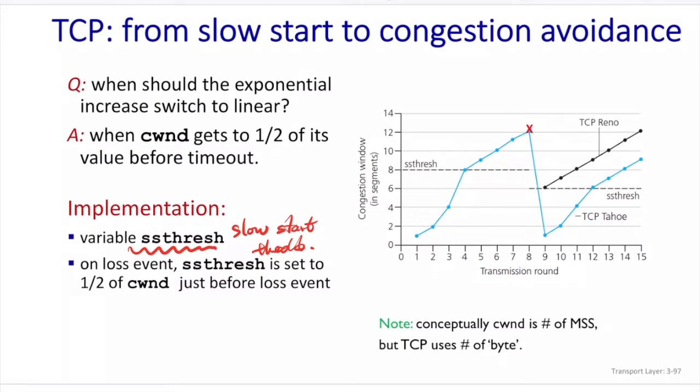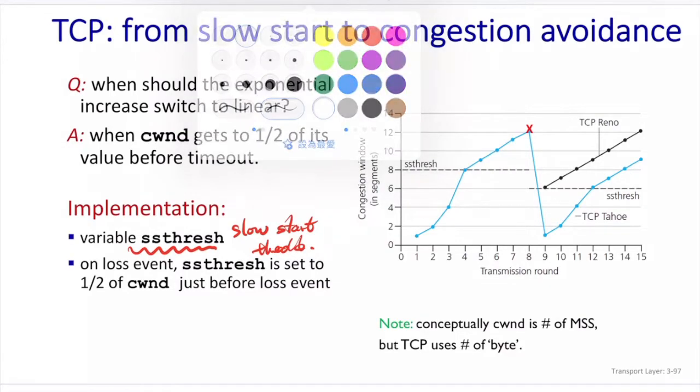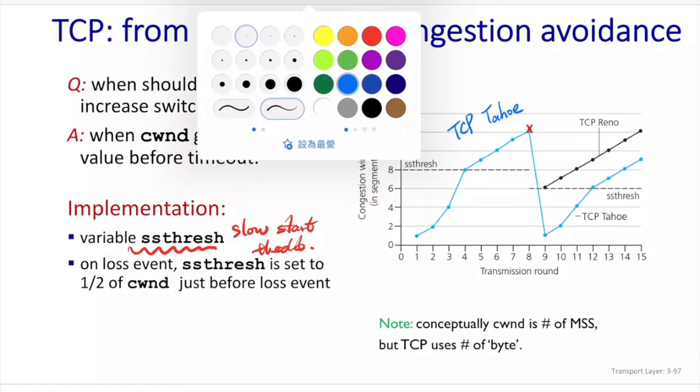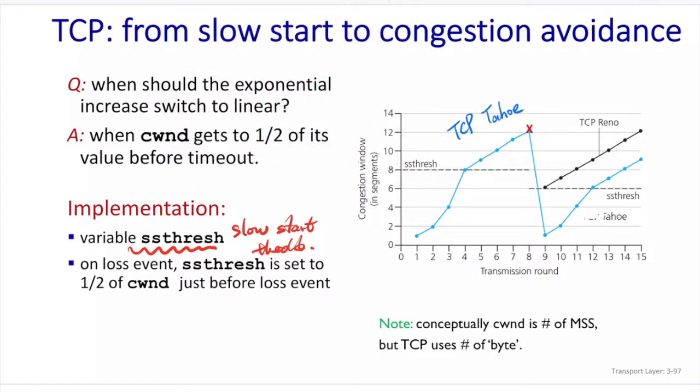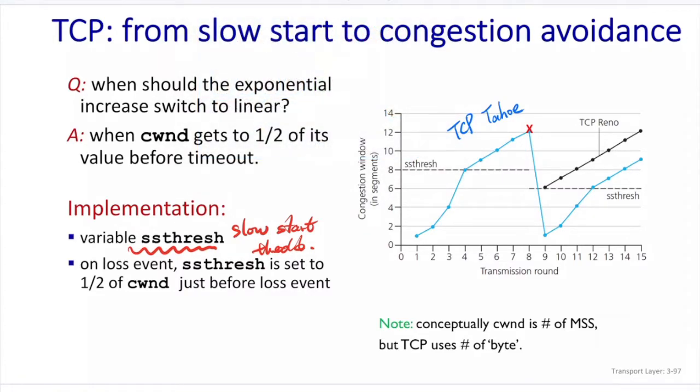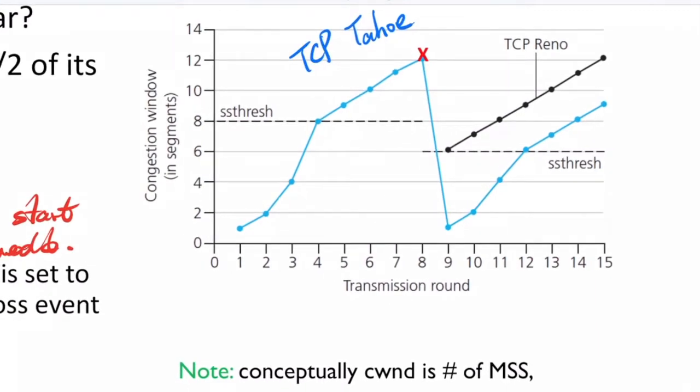Again, take a look at this blue line right here. That is the transmission round, which is roughly equal to RTT.